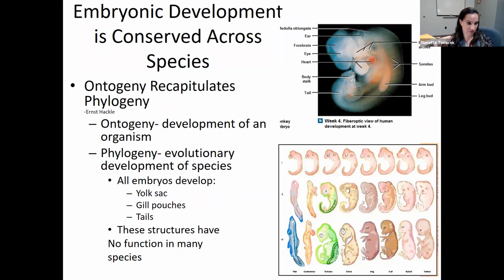because let's break down that phrase. Ontogeny refers to the development of an organism, so the stages that we're walking through now in this lesson. Phylogeny is much more broad. It's thinking about the evolutionary development of a species.